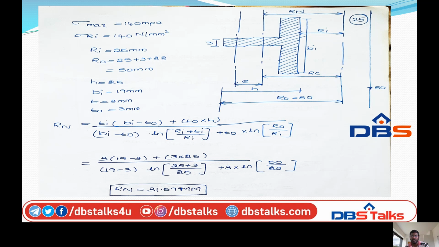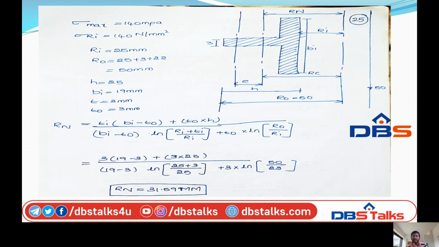So central line, the Ra is the distance between central line to inner fiber. Rn, the distance between central line to neutral axis. Next Rc, the distance between central line to central axis. Small e, the distance between central axis to neutral axis.